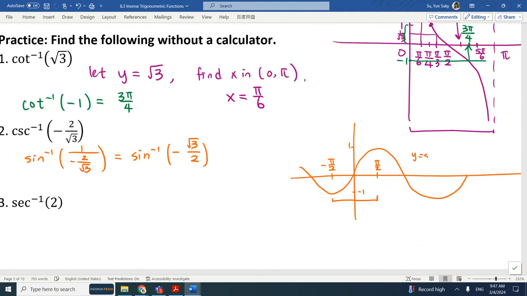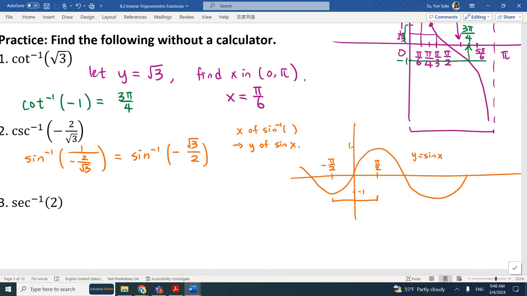This is the sine x, and you know the x side corresponds to the y side. So you let y equal negative root 3 over 2. It's negative, so can you imagine it's going to be from minus pi over 2 to 0?